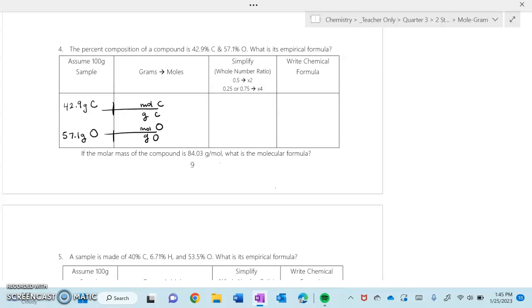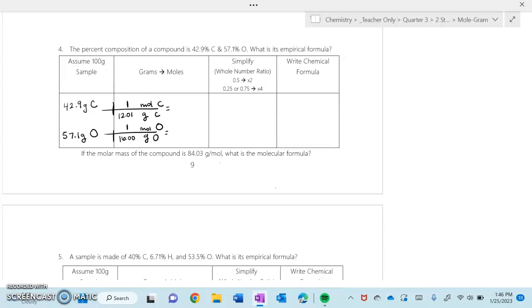One mole of carbon is its average atomic mass, 12.01, and oxygen, 16.00. This will tell me my molar ratio.